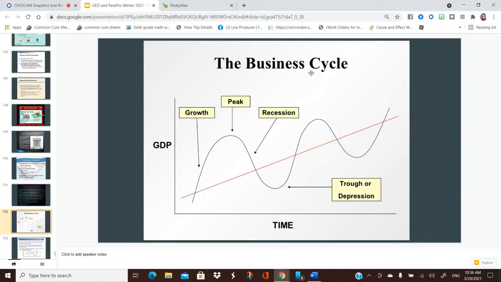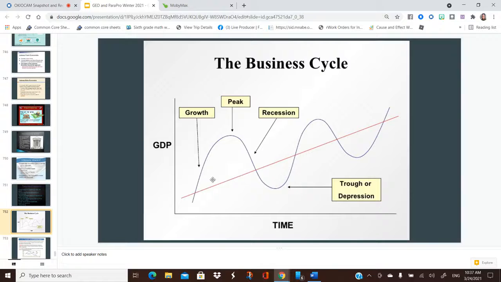Here is a graph. So we talked about the cycle of growth and then a slowdown and then a recession and then a recovery. This is kind of showing the up and down. But over time, there's kind of this red line that's going through.